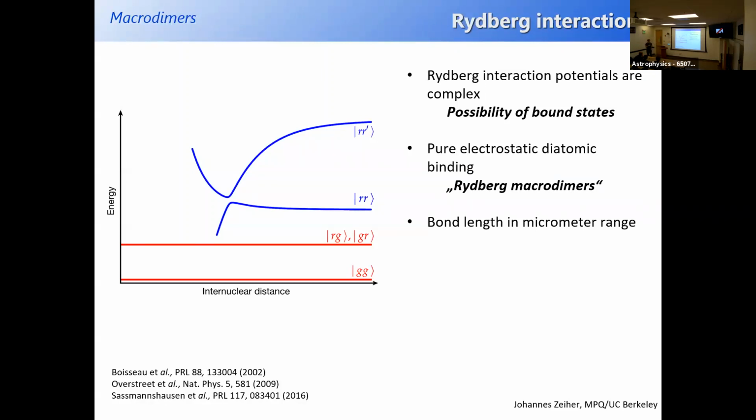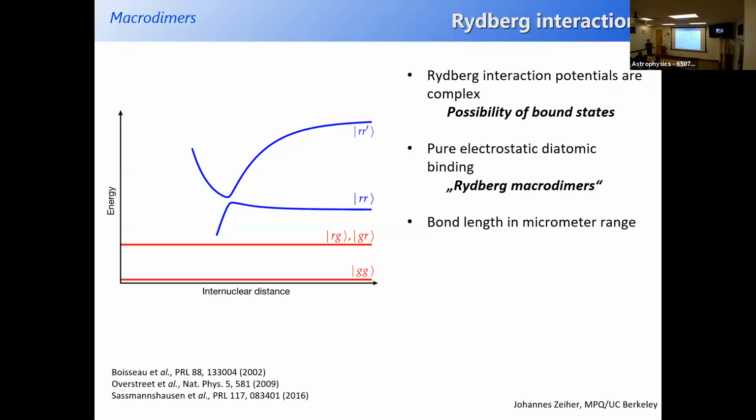So you can have complex potentials, you can have bound states, and if these crossings happen sufficiently far out, which means that the distance here is sufficiently small, then you can have purely electrostatically bound molecules, which have been coined Rydberg macrodimers. These are molecules consisting of two Rydberg atoms put together in such a binding potential.